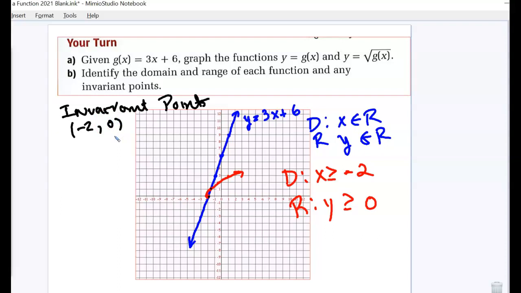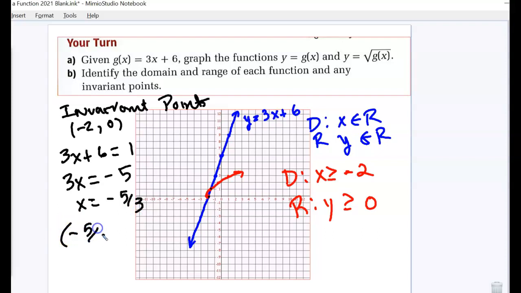And the other one is where 3x plus 6 is equal to 1. And then if you solve for x, x is going to be negative 5 over 3.